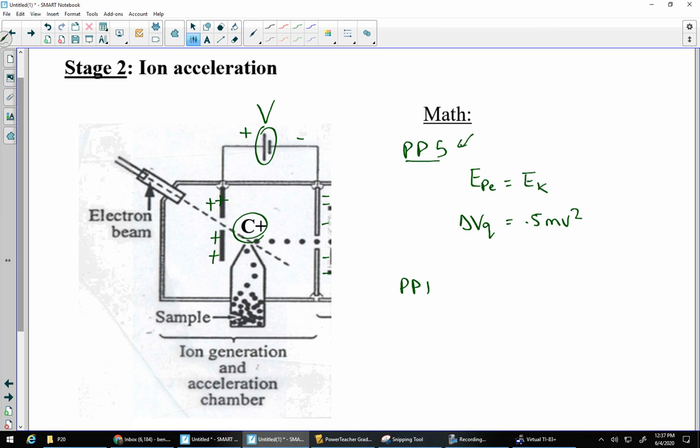Okay, the other one that we want to look at here is physics principle 1, which is all about acceleration. So when we're talking about net force is not equal to 0, we're going to say net force is equal to Fe, and that's equal to our electric field times our charge. I can also expand mass times acceleration is equal to electric field times the charge.